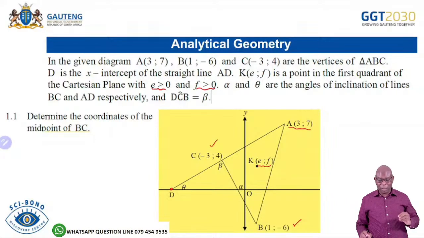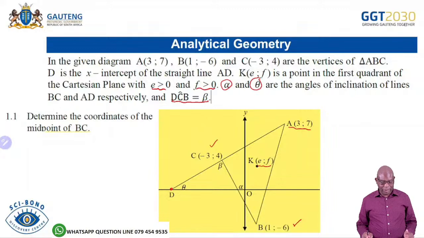So even if you're working them out, the E value and the F value must always be positive. You're given that alpha and theta are angles of inclination. Remember, inclination is the angle between the x-axis and the straight line. Right, and we are given angle DCB, which is beta there.